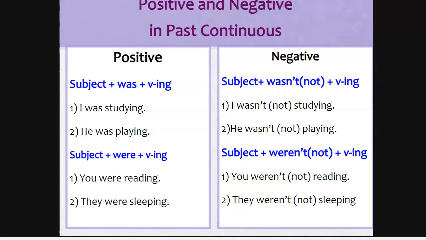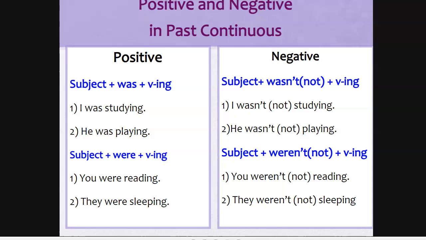The negative form is the subject plus wasn't plus verb-ing. I wasn't studying. He wasn't playing. To form the negative, you must add not after the auxiliary verb.